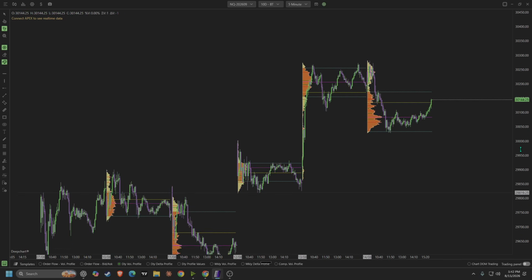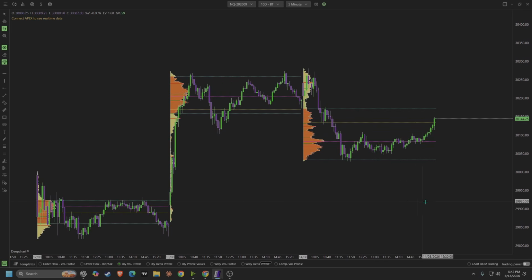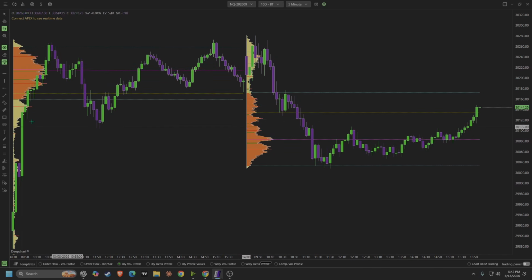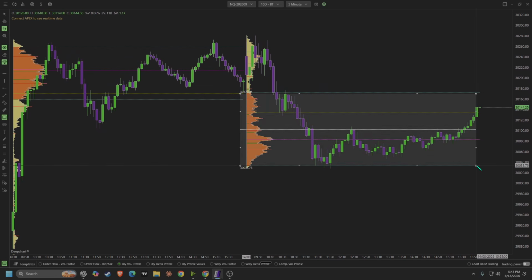So let's talk about something that I probably should have discussed in the last section. So this value area is set up to be 70% of all the volume traded in this orange area. You can see in some places it traded more than others.